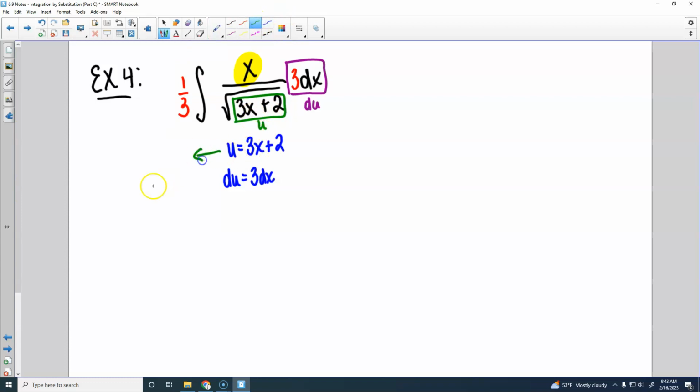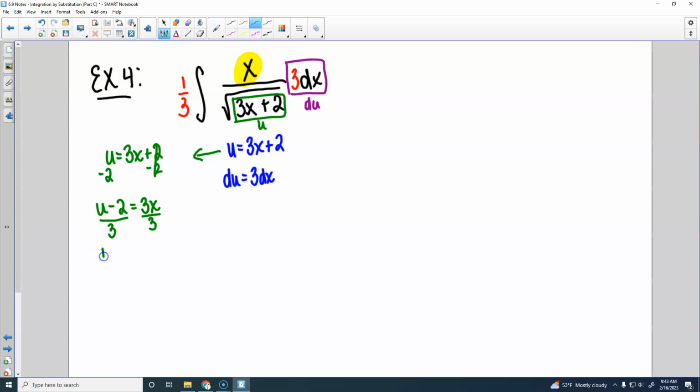So if we go over here to the side, and we've got U equals 3x plus 2, we can subtract that 2. We'll get U minus 2 equals 3x. And then we can divide everything by 3.